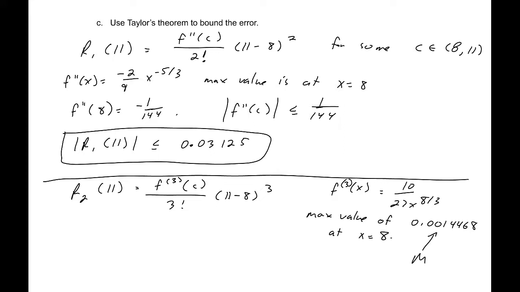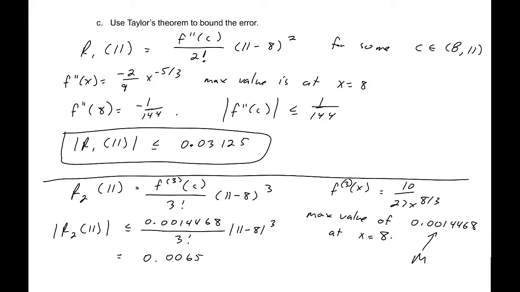The absolute value of the third derivative, evaluated at any point in there, is less than that M, which means that our remainder error is less than or equal to 0.0014468 over 3 factorial, and really we're taking the absolute value here, times 11 minus 8 cubed, and that error bound is then going to be 0.0065104.